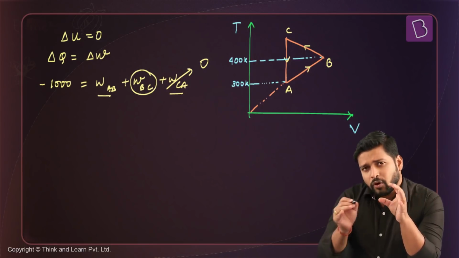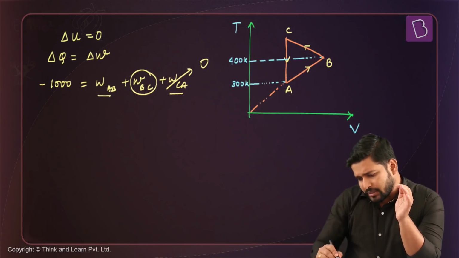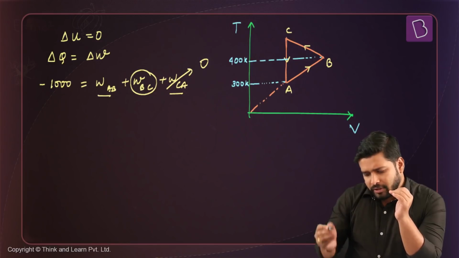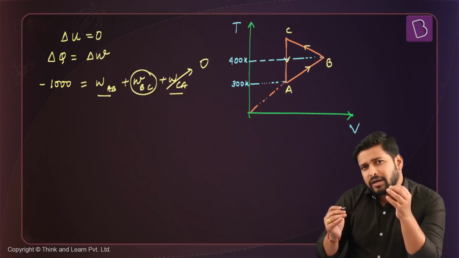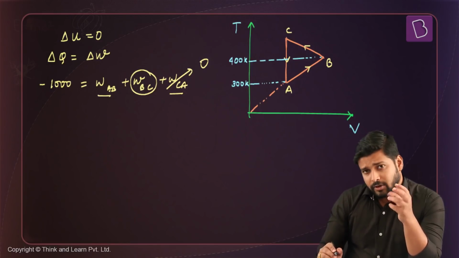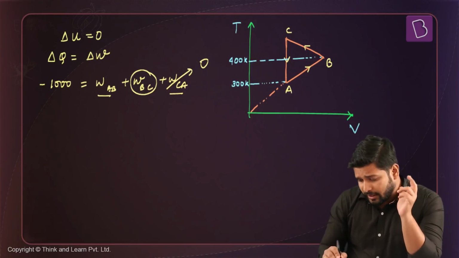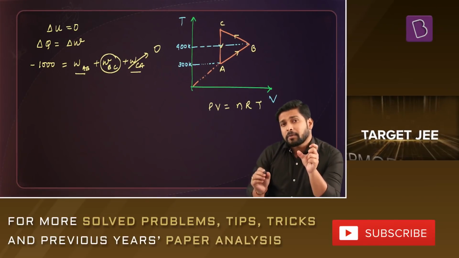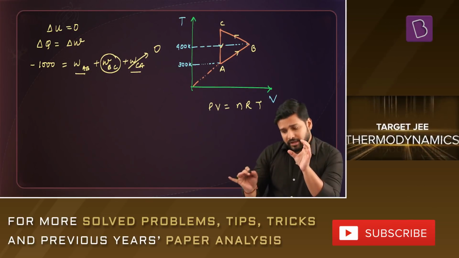Now if you observe this process A to B, it's a straight line, right? So it's a straight line which passes through the origin. Does it give you some hint? Let's see. So if I write this expression, PV is equal to nRT. Over here we see that there is a direct proportionality between temperature and volume, correct?